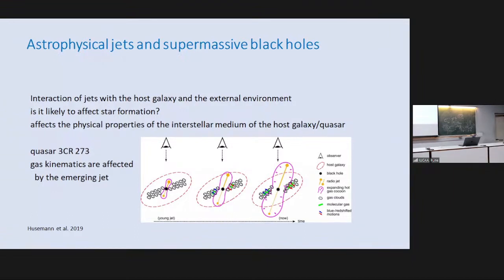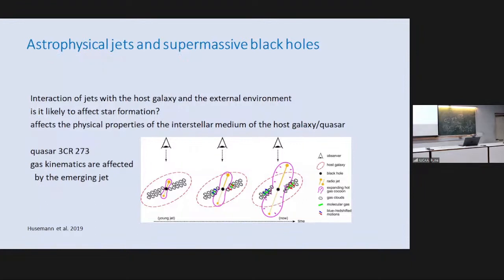Creating material, creating the jets, and then feeding it back. And these feedback processes are extremely important in trying to understand the evolution of galaxies over cosmic time. A lot of properties of galaxies, which I'm not getting into detail over here, are much better understood with a good handle on the feedback processes that are taking place.